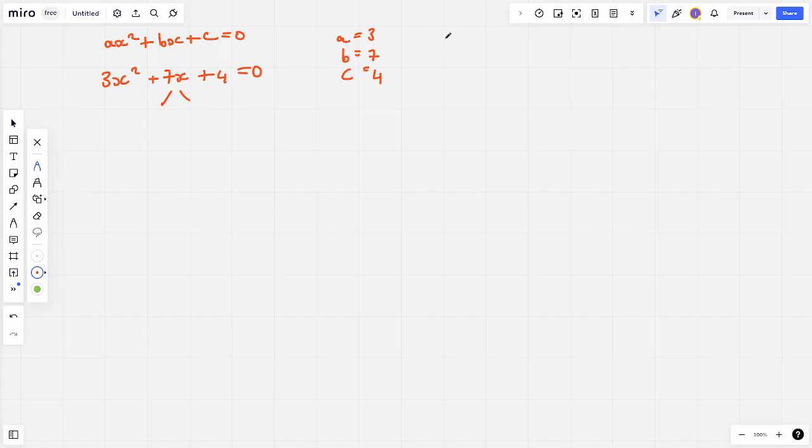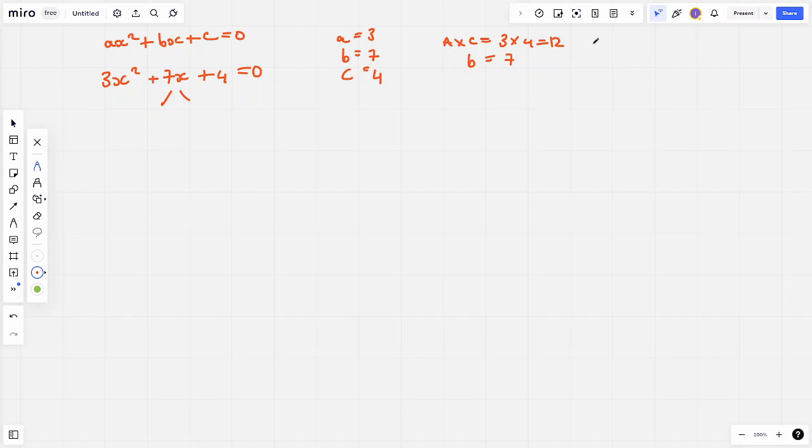Like we said, the two numbers, when you times them, must equal a times c. So a times c here is 3 times 4, which is 12, and we've got the b term of 7. So two numbers, when you times them, equal 12, but when you add them, they must equal positive 7.